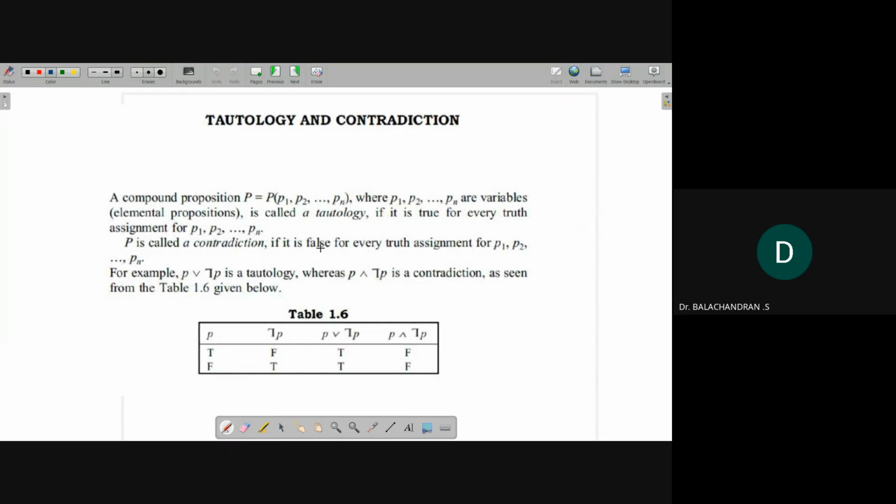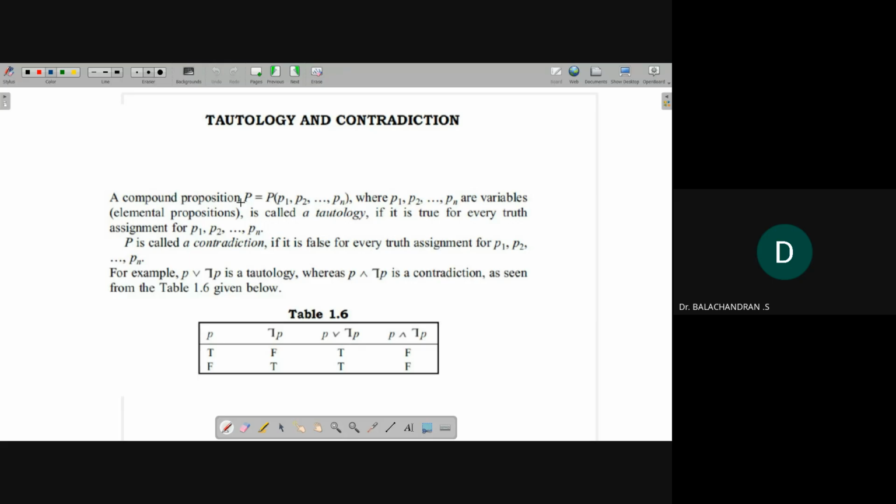Okay, the next concept is tautology and contradiction. Actually, tautology means the truth value is what? True. So then we say that it is a tautology. If the truth value is false, then we say that it is a contradiction. So the definition here, I'll just read.